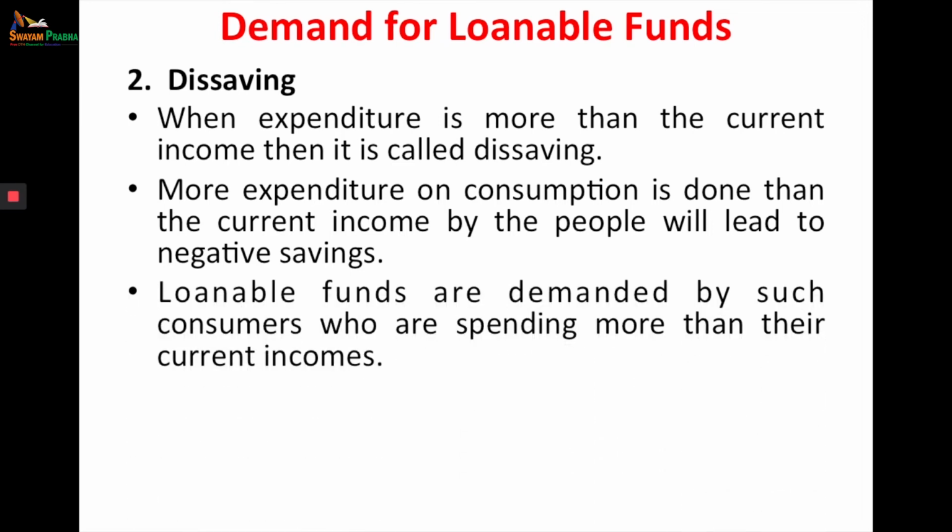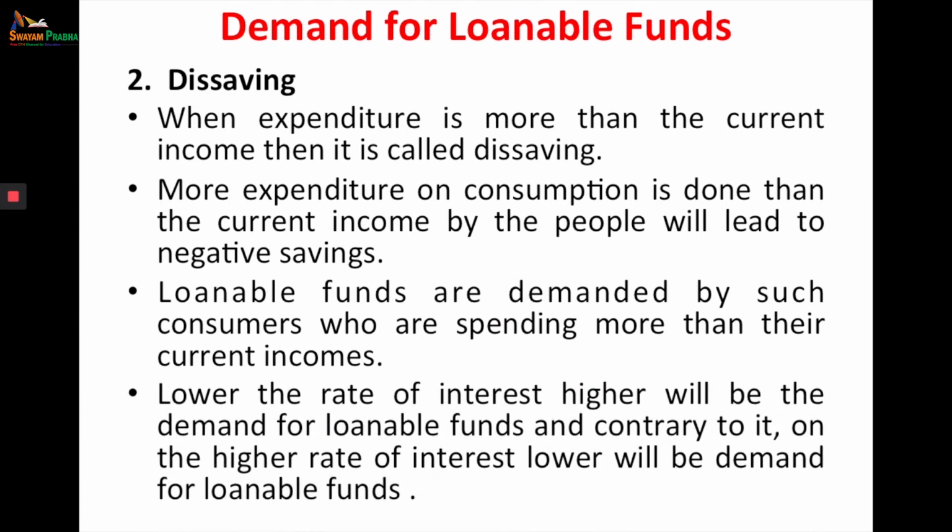Loanable funds are demanded by such consumers whose spending is more than their current income. In the demand for loanable funds according to the new classical theory, the lower the rate of interest, the higher will be the demand for loanable funds, and contrary to it, the higher the rate of interest, the lower will be the demand for loanable funds.